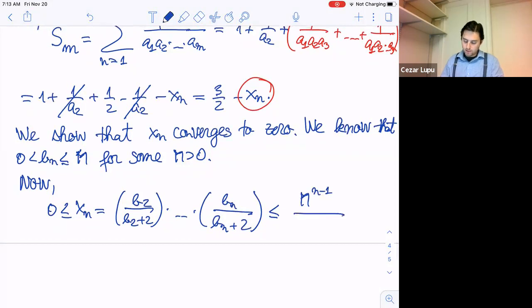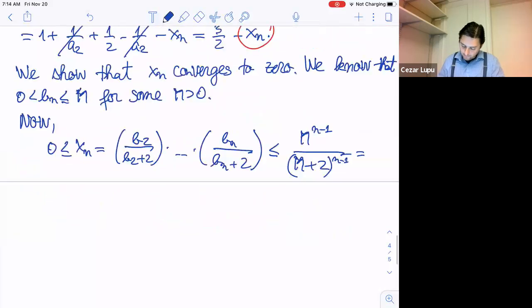And these guys here will be m over m plus 2 to the power n minus 1.